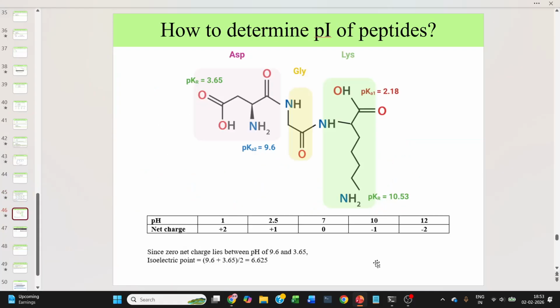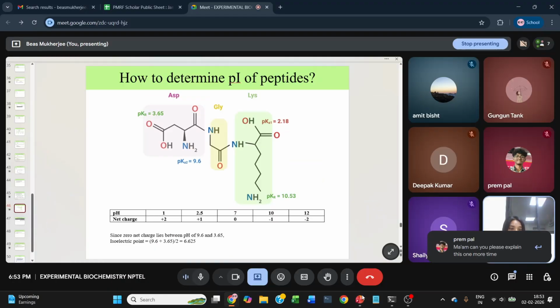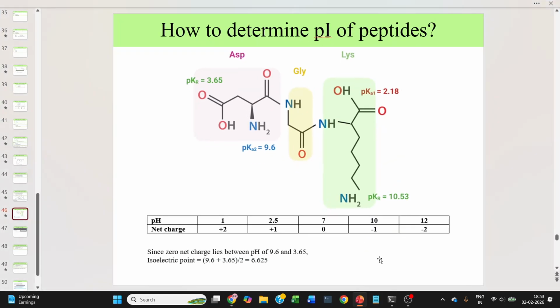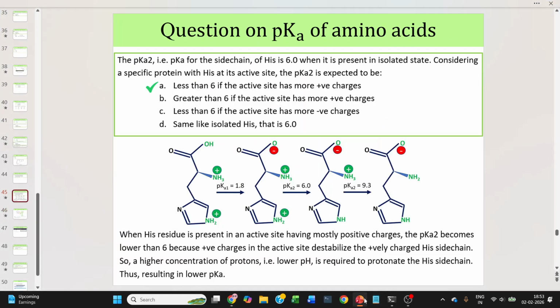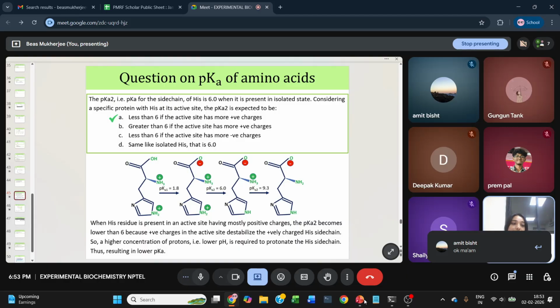Right. So now we will talk about a tripeptide. Can you please explain this? Sure. See what is happening here. They are asking you, let's say that histidine is there in an active site, and in that active site there are also other amino acid side chains, and in the presence of these other side chains, will the pK2 of the histidine side chain still be 6 if it is not in the isolated state?